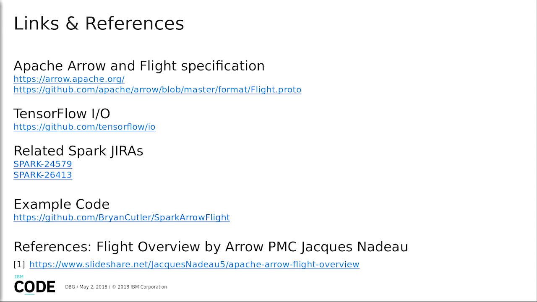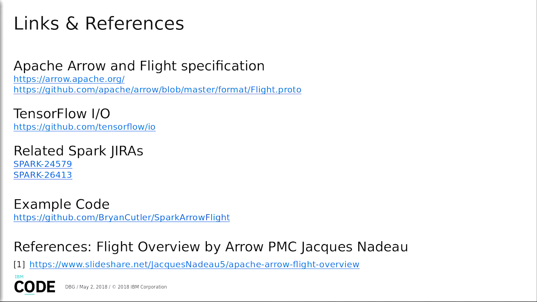That's about all I have. So here are these links and references. There's the flight specification that you can check out. It's defined in the Arrow Flight protocol file. And I urge you to check out TensorFlow IO.